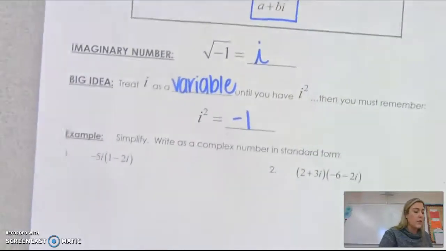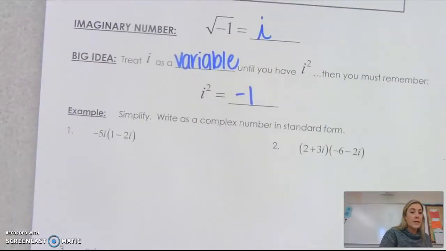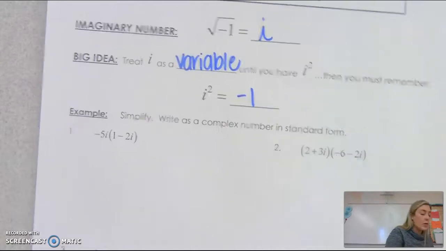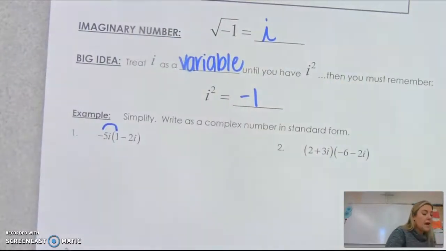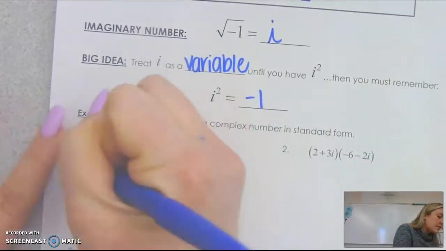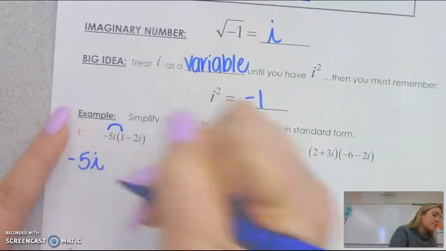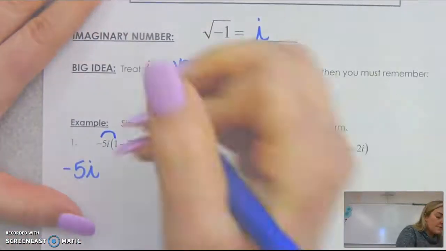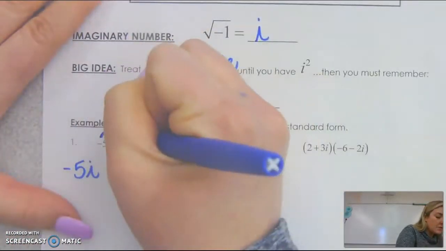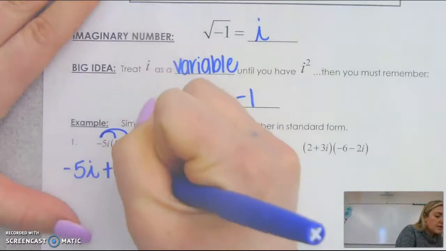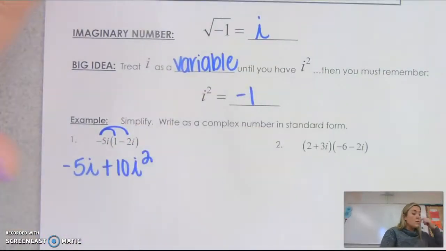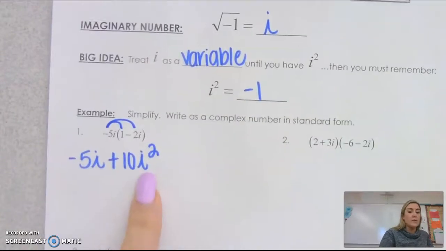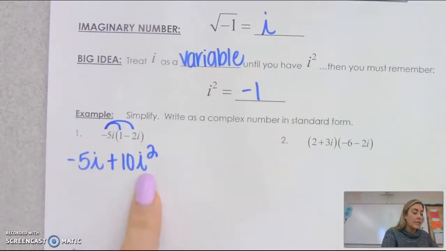So let's start multiplying. Number 1 says -5i times 1 minus 2i. So the first thing we need to do is distribute. -5i times 1 is -5i. -5i times -2i is positive 10i squared. So now we know that an i squared simplifies to -1, so we need to keep going.